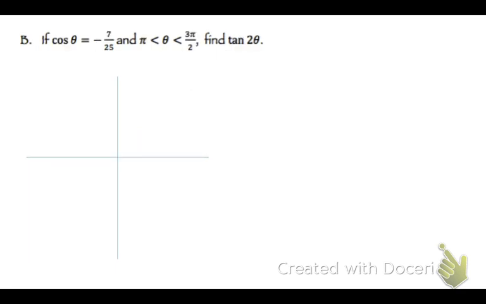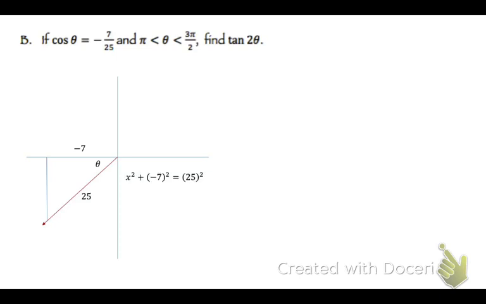Okay? So if we're given cosine of theta equals negative 7 over 25, and it's between pi and 3 pi halves, we have to find tangent of 2 theta. Well, that's in the third quadrant, so I'm going to drop that down. Cosine is adjacent over hypotenuse, so that's negative 7 over 25.